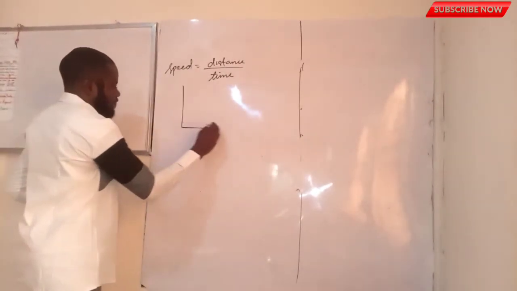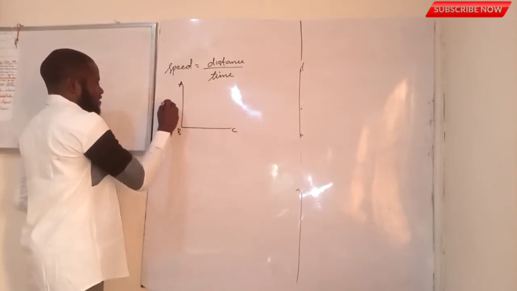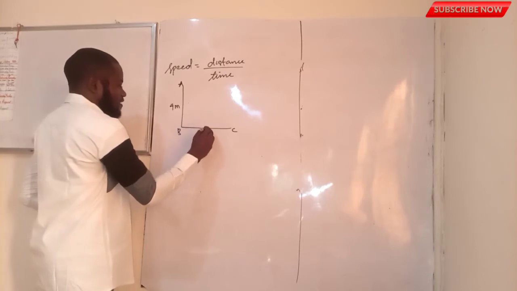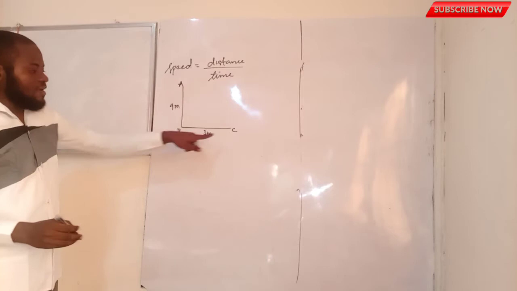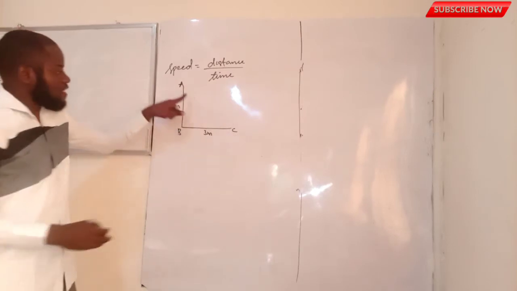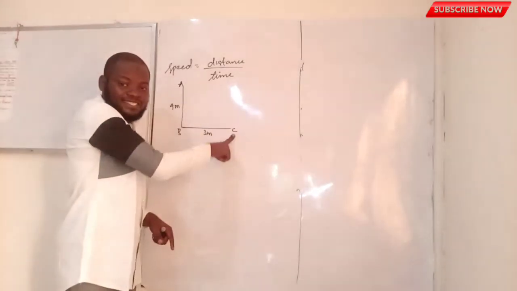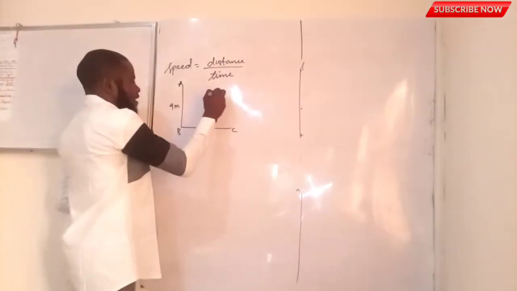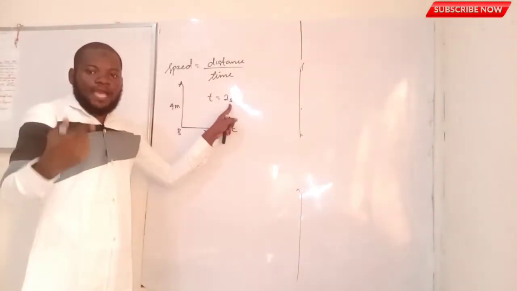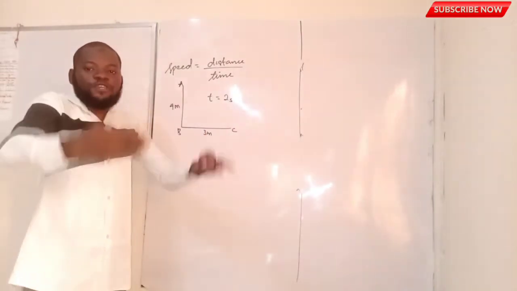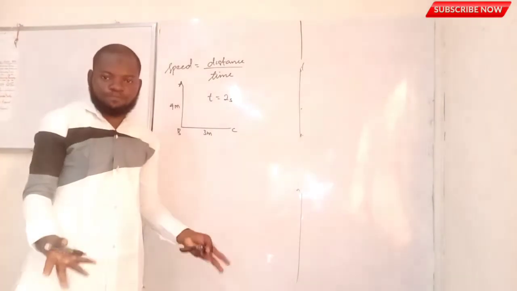If a body moves from point A to point C, if this takes 4 meters and this is 3 meters. Let's take for instance that for this body to cover a distance of 4 meters, then 3 meters before getting to C, it takes the body 2 seconds. If it takes the body 2 seconds, then the examiner asks you what is the speed of the body. If the body can cover a distance of 7 meters in 2 seconds, then what is the speed?